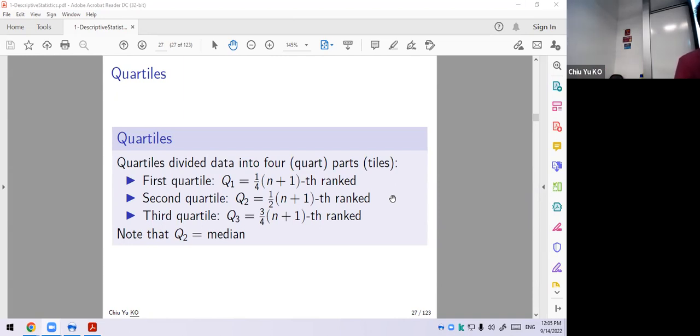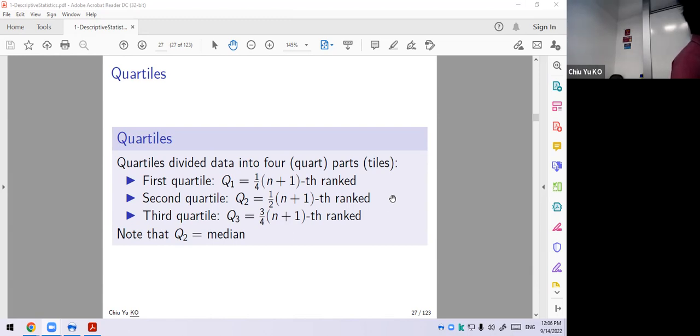Which is 1/4, 2/4, and 3/4. Just decimals. When you change them to proper fractions, it's either 1/4, 2/4, which is 1/2, and then 3/4, right?